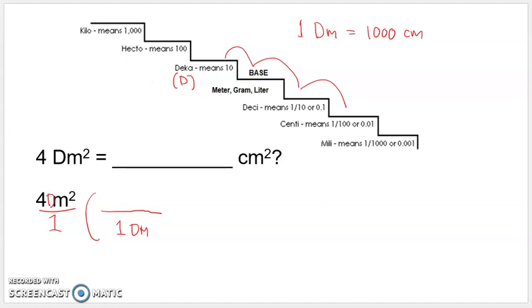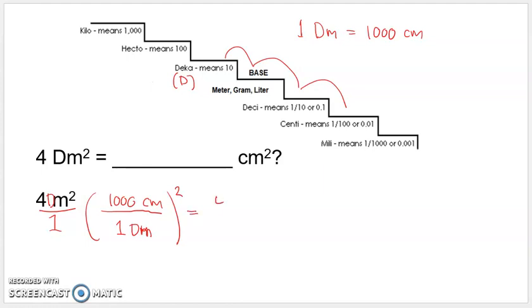Now that is equivalent to 1,000 centimeters. Now I don't quite have what I need to cancel yet. I have a decameter squared, but I only have it on the top of the first fraction, but only a decameter on the bottom, so I've got to square that conversion factor. Remember, you square everything.